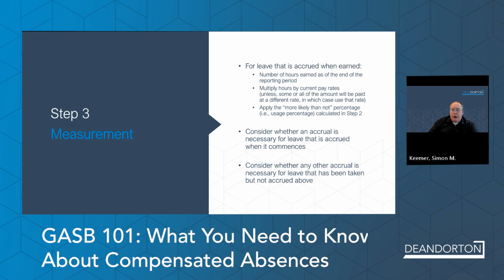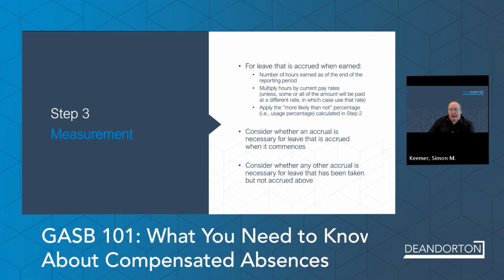But do not look ahead and factor in likely pay rate rises or things like that. You don't need to do that. It is at current pay rates, unless you've actually stated it will be paid at $10 an hour, in which case you will use the $10 an hour. But generally, you're going to be using current pay rates.